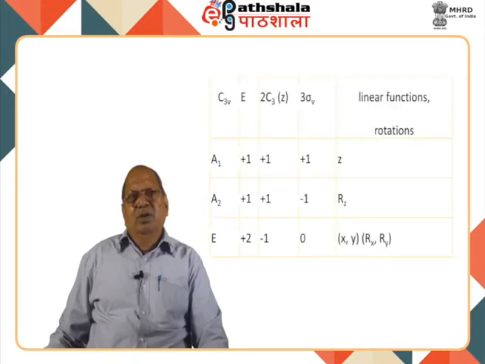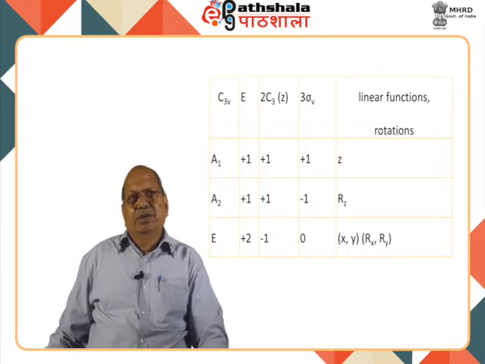In the table for the C3V point group, against the irreducible representations A1, A2 and E, I look at the last column and try to find out which is the basis function for each. That is, I have to look at x, y, z or Rx, Ry, Rz.